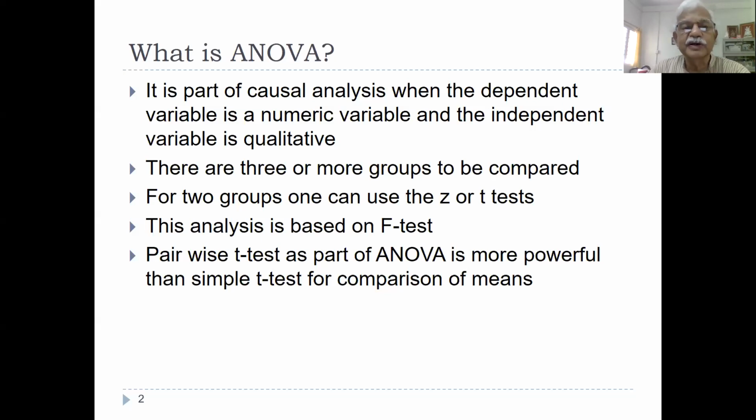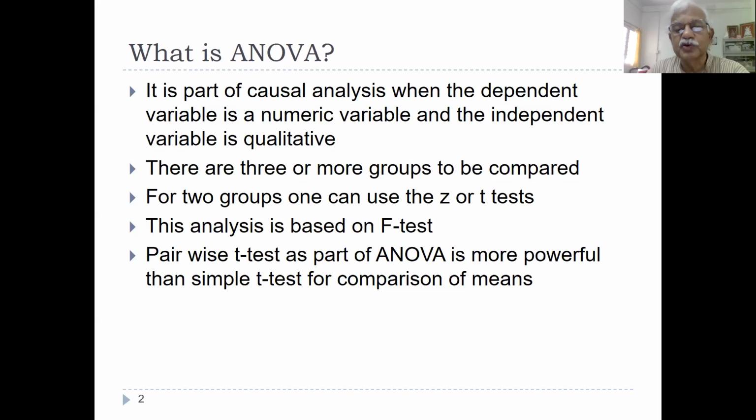Then we will go for an advanced version of ANOVA. Right now we are considering only two variables, one dependent, one independent. Dependent is certainly numeric, but the independent variable can be qualitative also. And there are three or more groups of the independent variable which need to be compared.